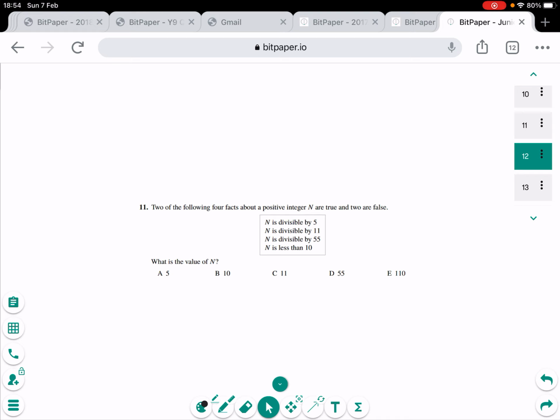So you know that n can't be both divisible by 5 and divisible by 11. So those need to be one true, one false, because if they were both true, then it could be divisible by 55.